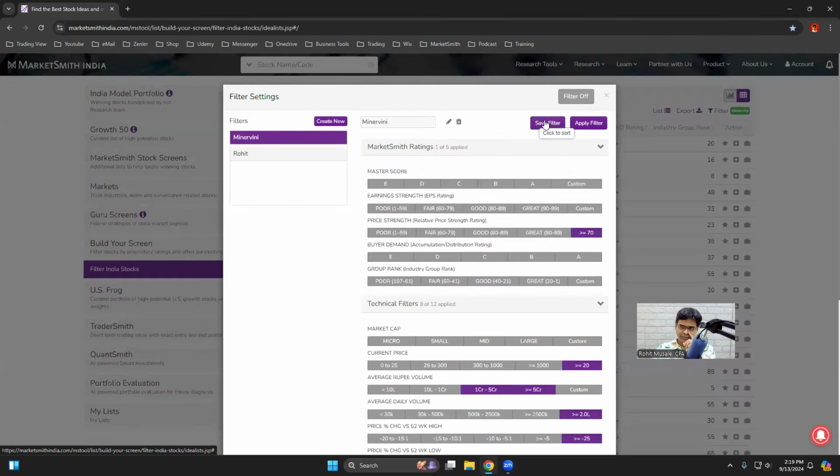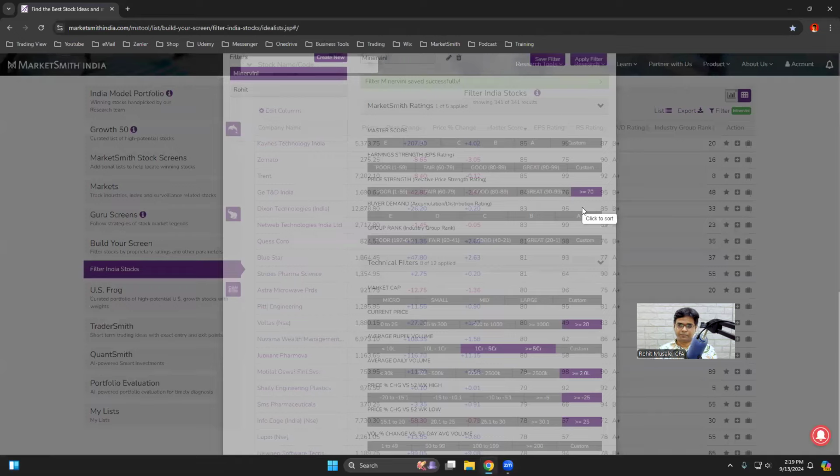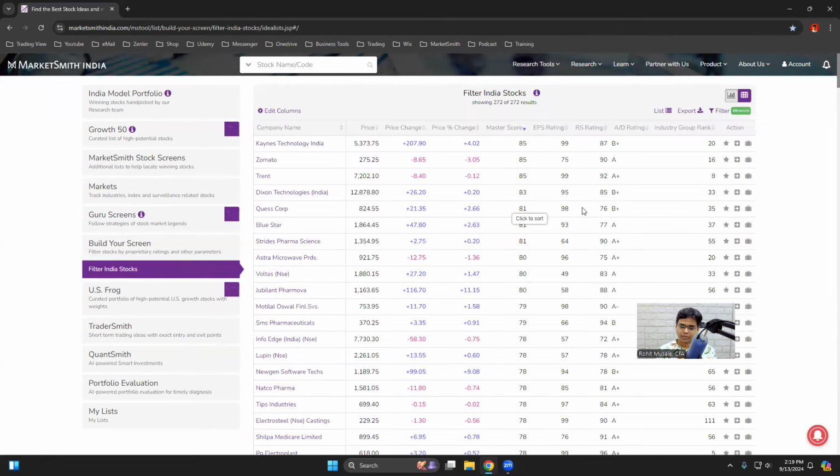So let's save this, save the filter, and apply. Let's see how many stocks we get here. 272 stocks. Now, is this list manageable? I think so. You should spend time analyzing at least 200 to 250 stocks every single day. That will give you enough practice.